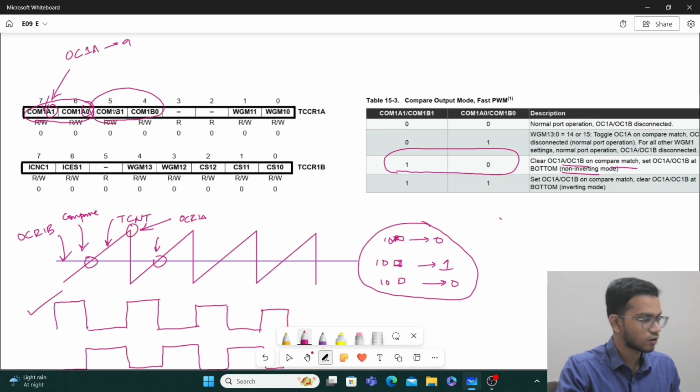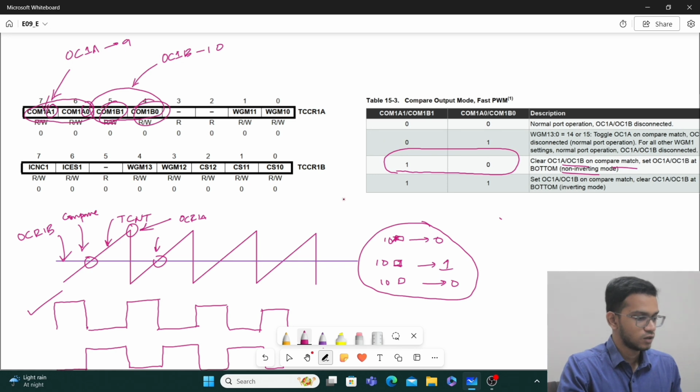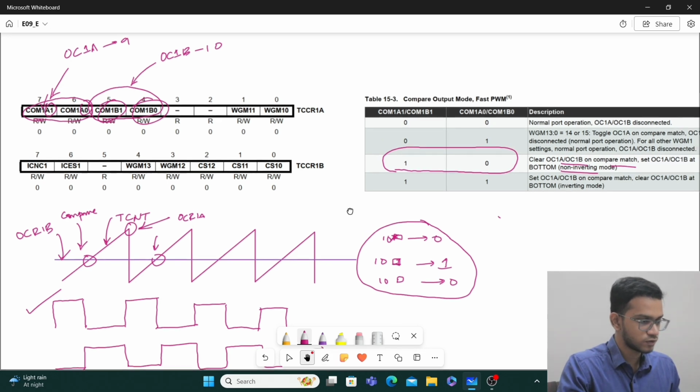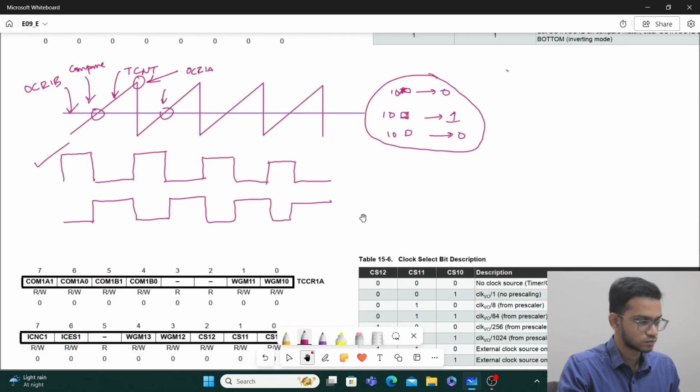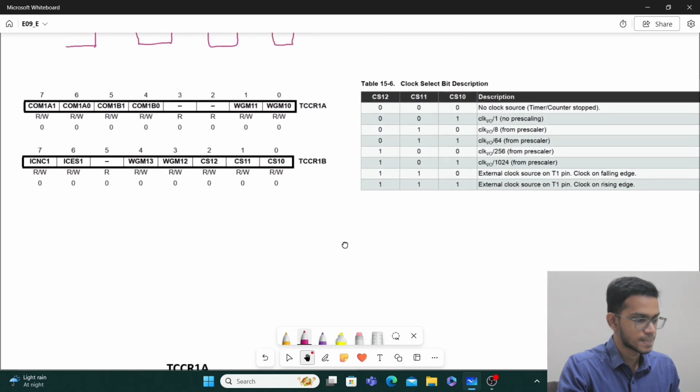If it is B, then it is related to the OC1B pin, which is pin number 10. Now I am going to obtain my PWM out of pin number 10. So I will write 1 in this register and 0 in this register. That's what I'm going to do. So this concludes the story of COM bits or compare bits.